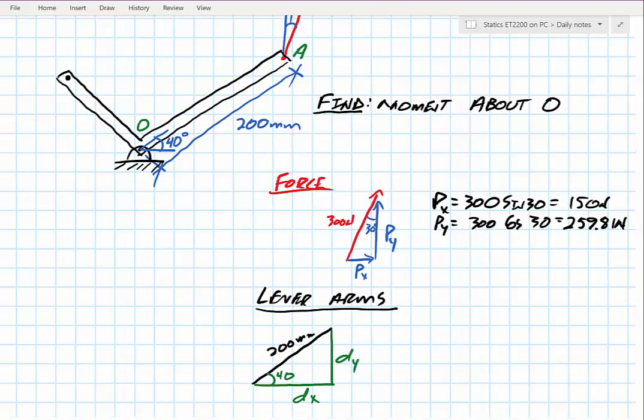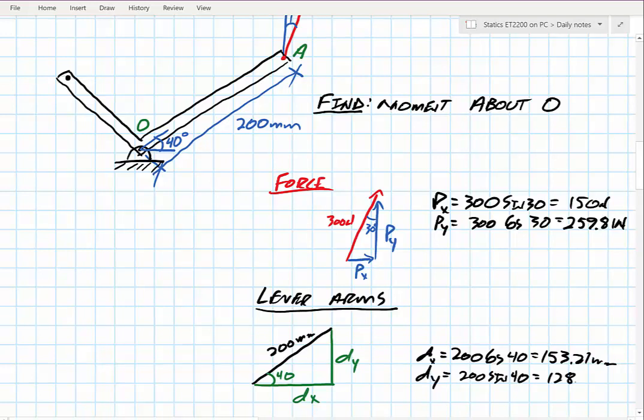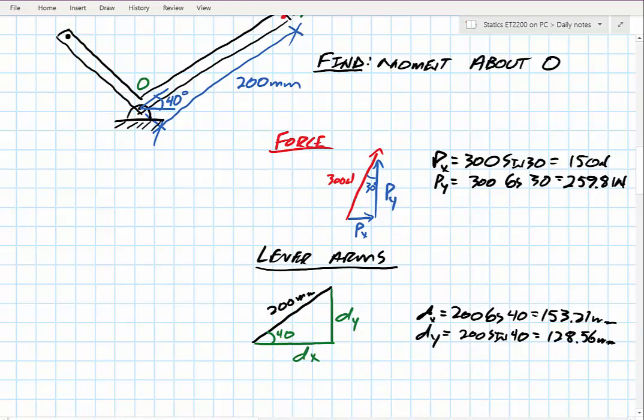From that, dx would be equal to 200 cosine 40, which is 153.21 millimeters. And the distance in the y direction is 200 times the sine of 40, which gives me something like 128.56 millimeters.